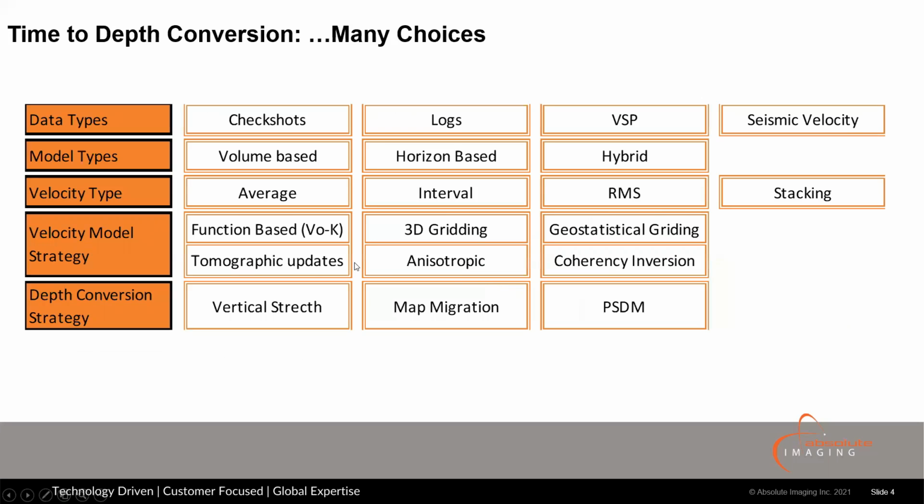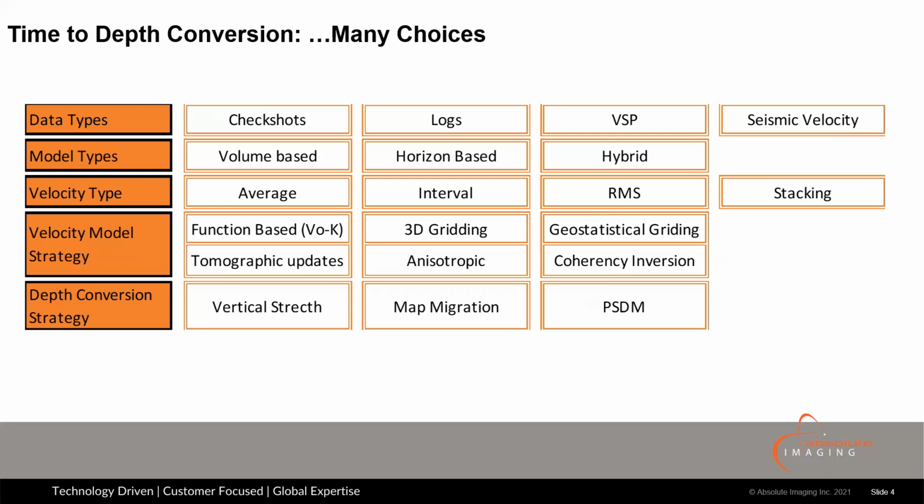When we are talking about velocities, there are many choices, and it depends on the lateral model that you have, or lateral and vertical model. Is it 1D, 2D, or 3D models, right? There are different approaches we can take, and every one has pros and cons.